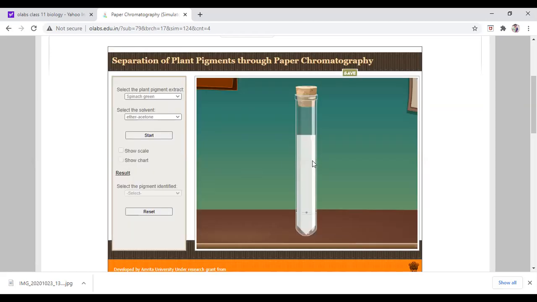Reset. Again you have to start. Again it will separate the colors.